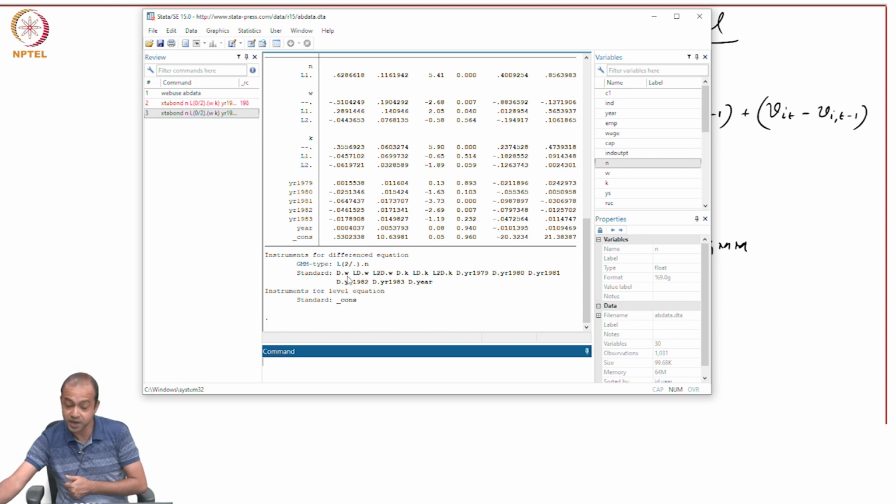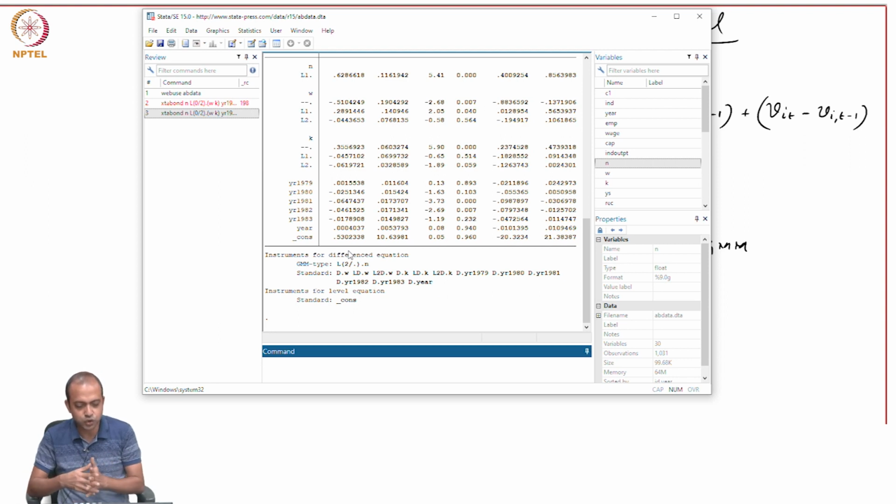So, 12 standard type instruments and 28 instruments are coming from the endogenous variable from the third period onwards. If you relook once again at the instrument matrix in the Arellano-Bond 1991 approach, you see that in the third period I have one instrument, fourth period 2, fifth period 3, likewise it will go on, and if you add all these instruments you will get 28 instruments in total.